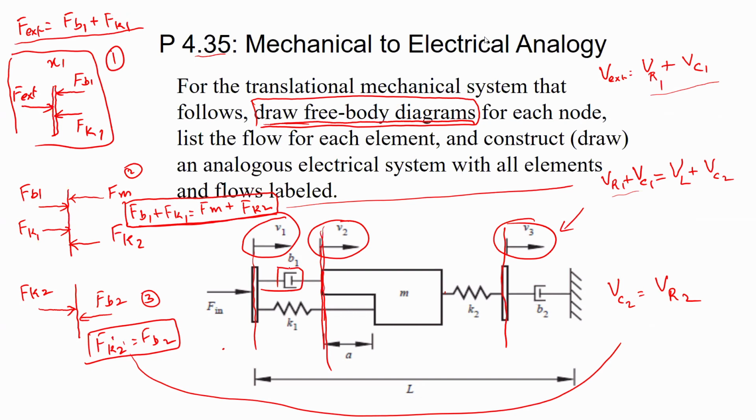So this frictional component is between node 1 and 2. So the actual representation is V1 minus V2, and the other one is B times X1 minus X2.